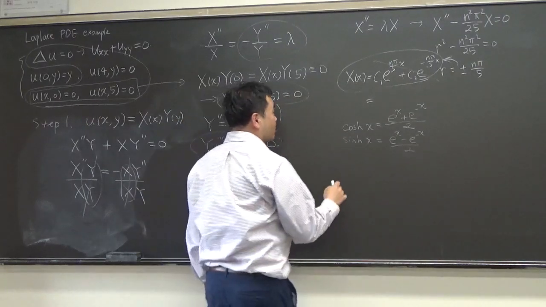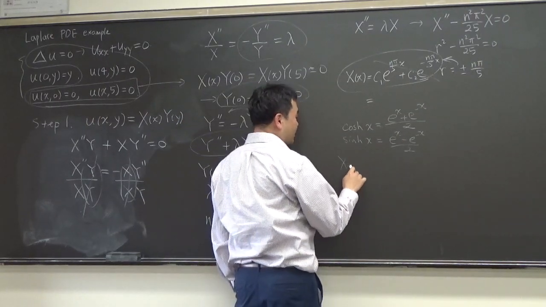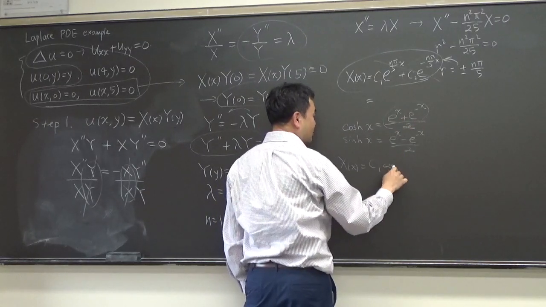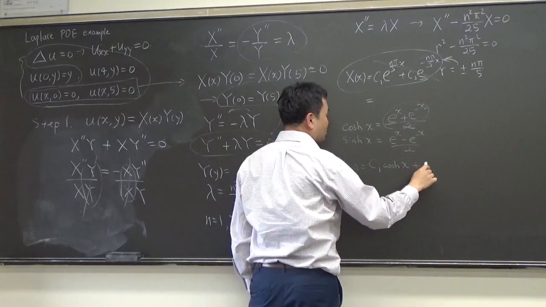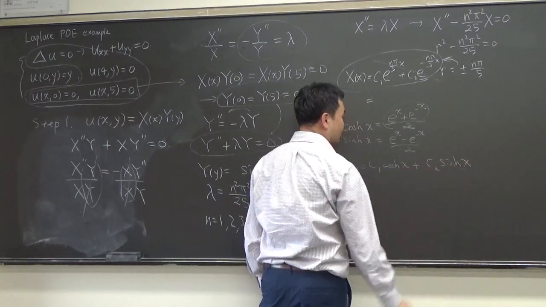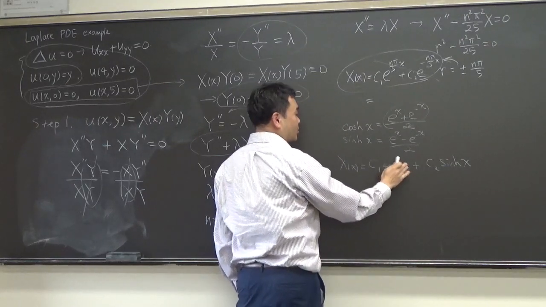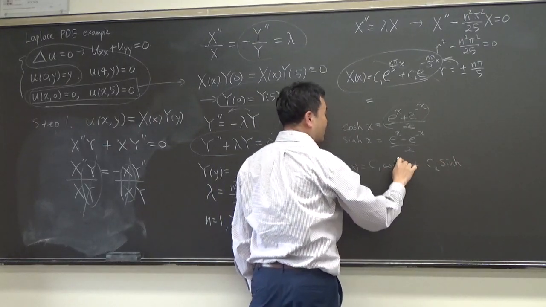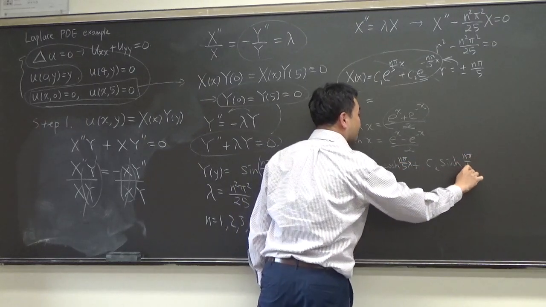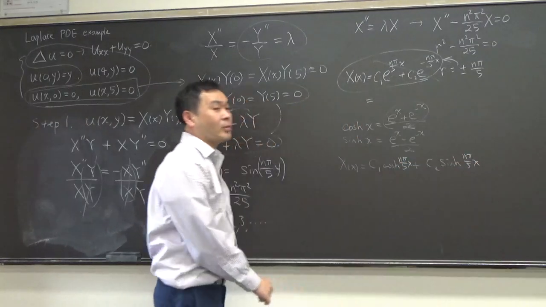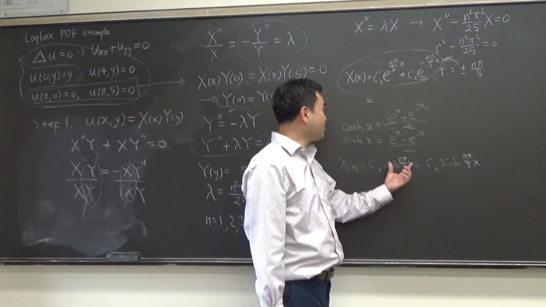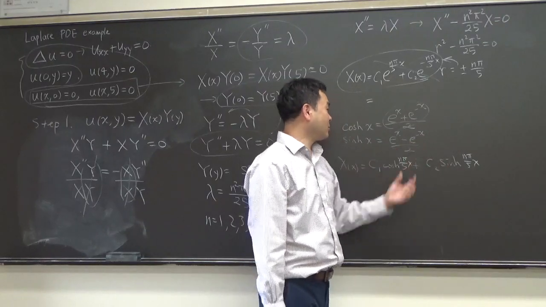And you can just write down X of x as c1 times cosh plus c2 times sine hyperbolic of x, with, instead of x, n pi over 5 x. And just imagine what's going to happen if you replace this by this one and that by that one.